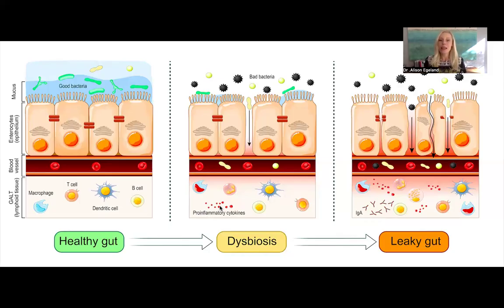I will say, early dysbiosis, it might just be a little discomfort. And everyone can experience that in different ways. Some people are more prone to actual physical pain in the stomach. Some people might notice skin symptoms. Some people might notice brain symptoms, especially when we get over here into leaky gut. Now you can see we don't just have problems with the tight junctions that hold those enterocytes or those intestinal cells together.